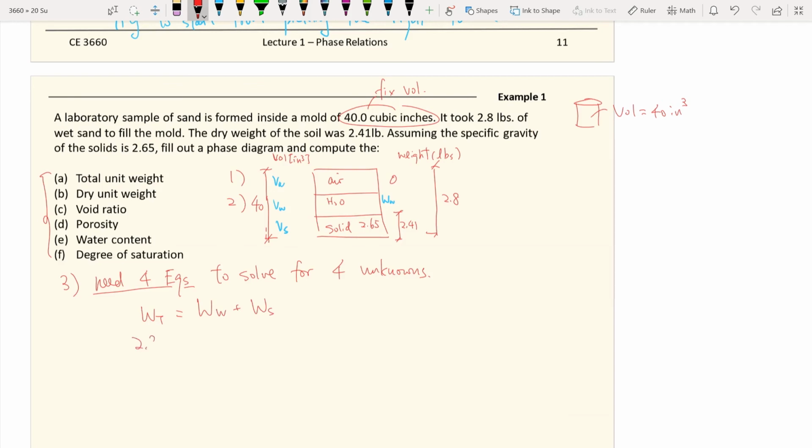The total weight is 2.8 pounds, the weight of water is unknown, and the weight of solids is 2.41 pounds. So pretty much you can solve for the weight of the water, which equals 0.39 pounds.